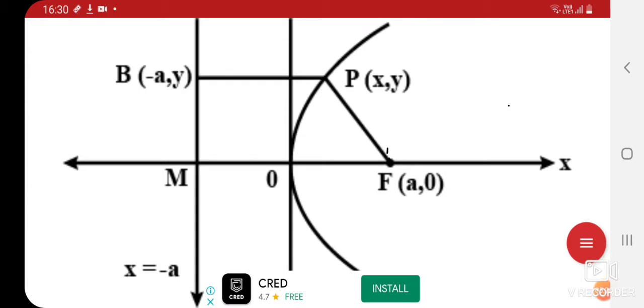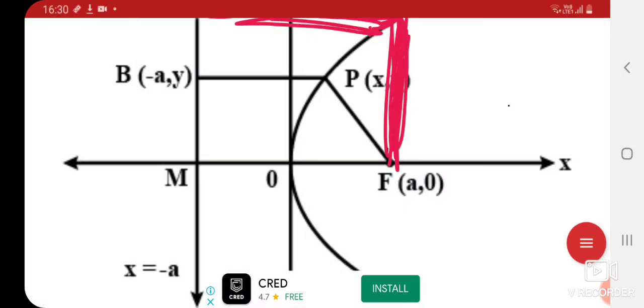Again, as you have drawn a perpendicular from here, then from here, let's extend this graph, then from here you need to draw a perpendicular like this. You know that this distance is equal to this distance, right? This distance is equal to this distance, right?